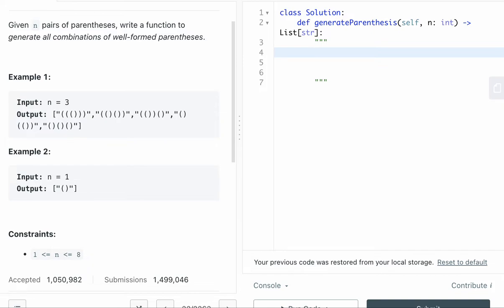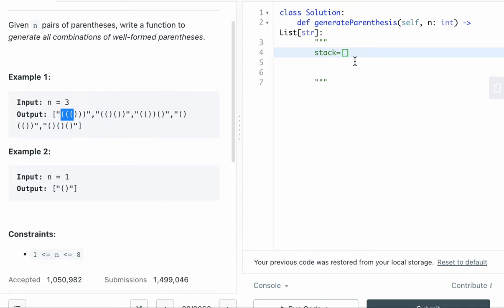When n equals 3, if we use a stack to store all these results and we append all of them, the length of the stack equals what? The left side is 3 and the right side is 3.